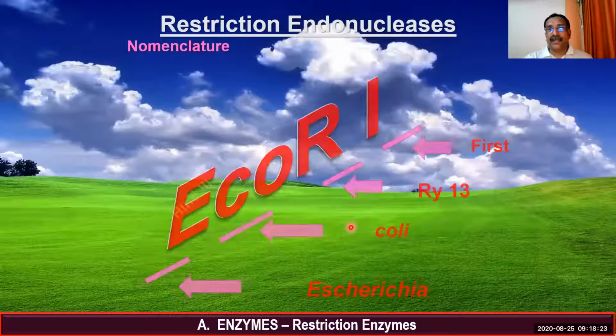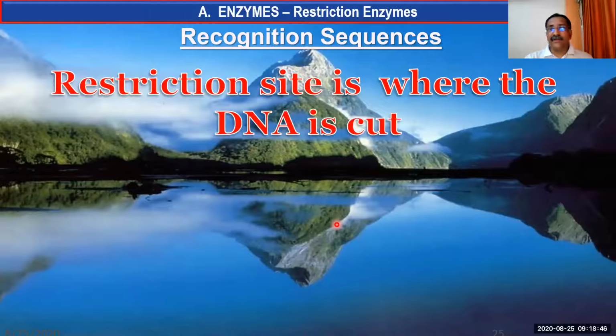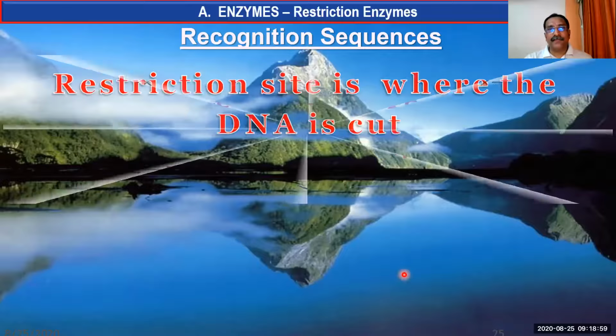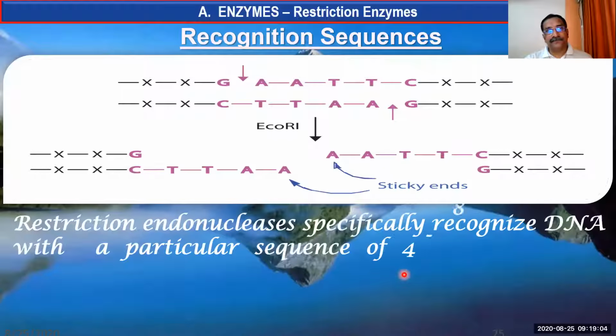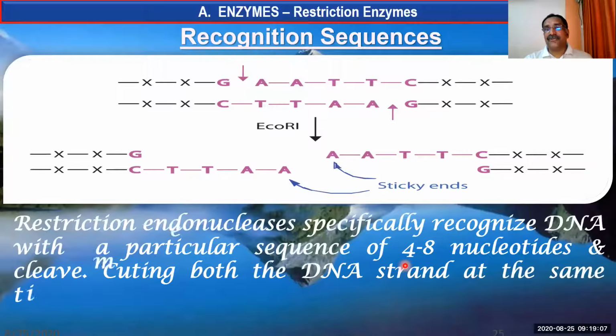After that, we have seen the meaning of recognition sequences. We have seen where the DNA can be cut by using the restriction endonuclease enzyme. That is what is called the recognition site or the restriction site. And this restriction site has a specific nature. What is that specific nature? The first half and the second half are mirror images of each other.